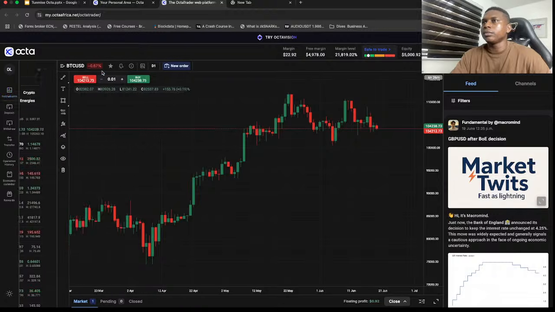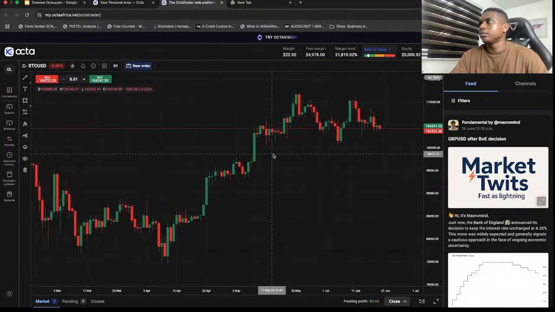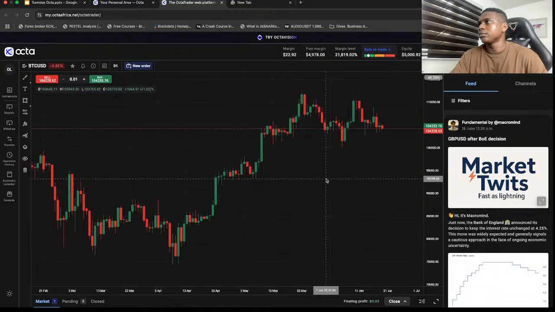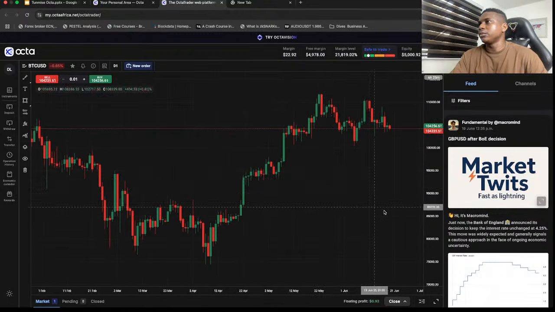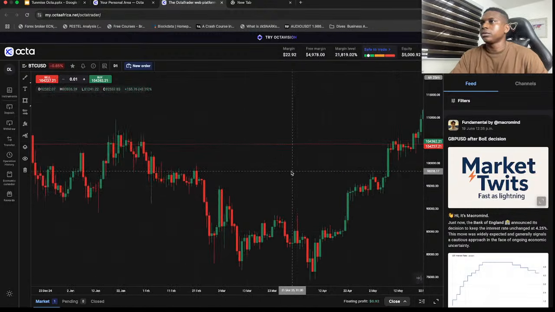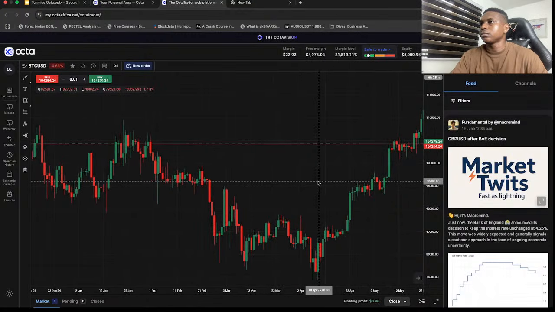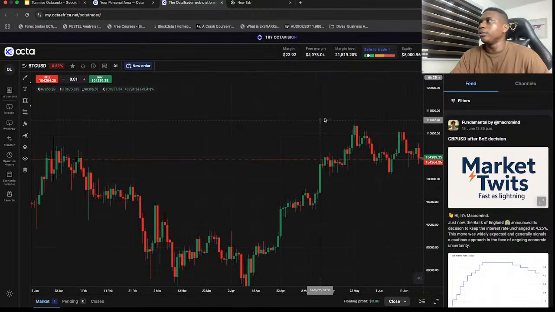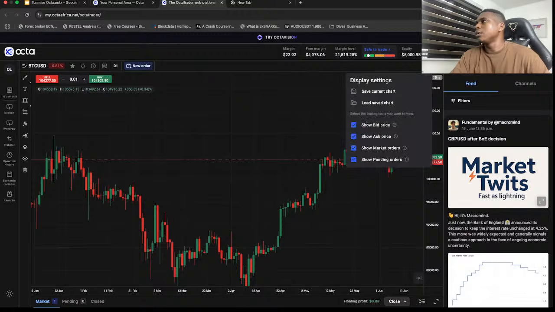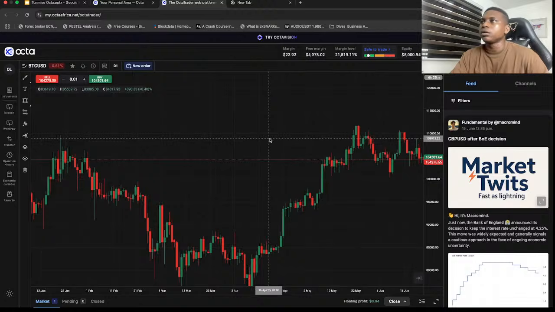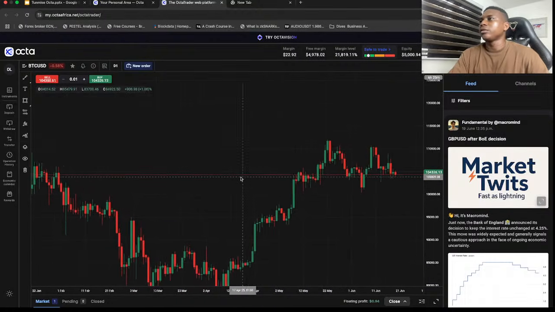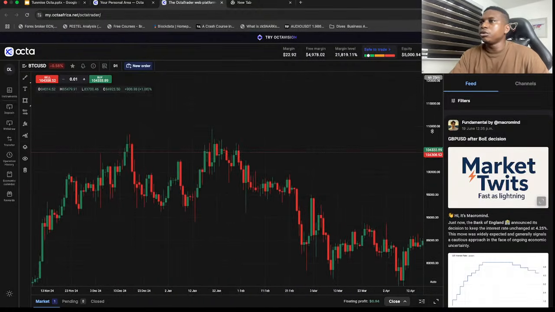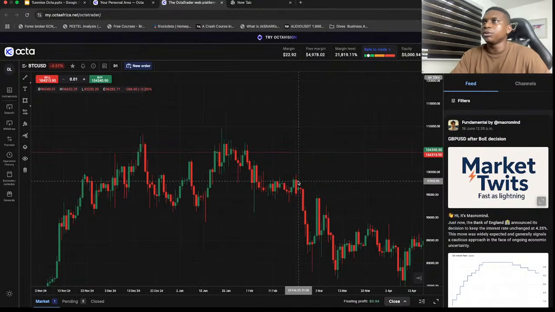Trying to expand it. So when we look at Bitcoin, I want to see if, save chart. So let's look at the historical price movement around Bitcoin.